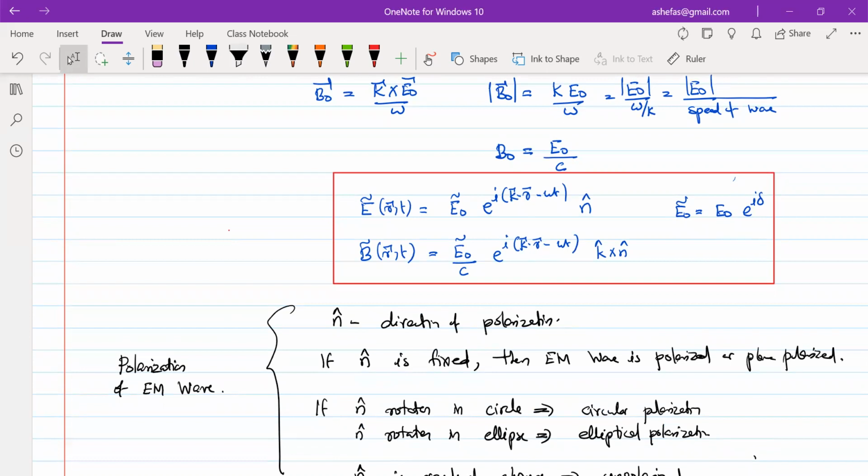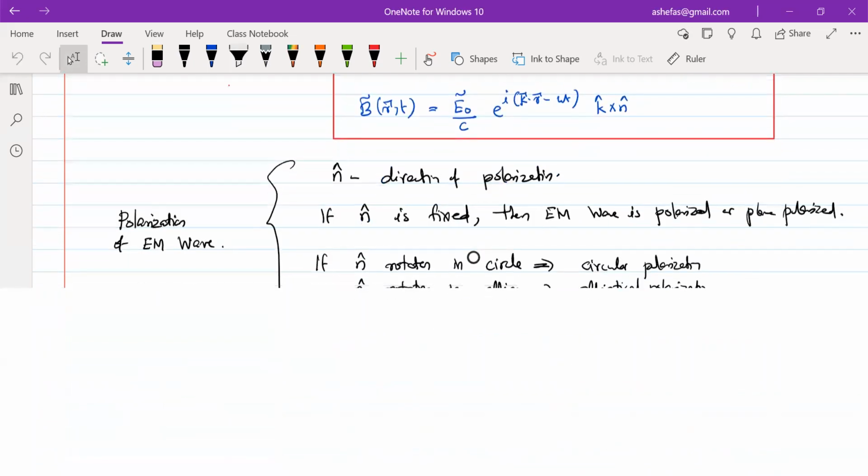Now what we have to do is find the other characteristics of the electromagnetic wave in vacuum. At present, we have just found the connection between the electric field, magnetic field, and direction of propagation. And we have shown that the directions of the electric field, magnetic field, and propagation are all mutually perpendicular. Secondly, we have introduced the concept of polarization.